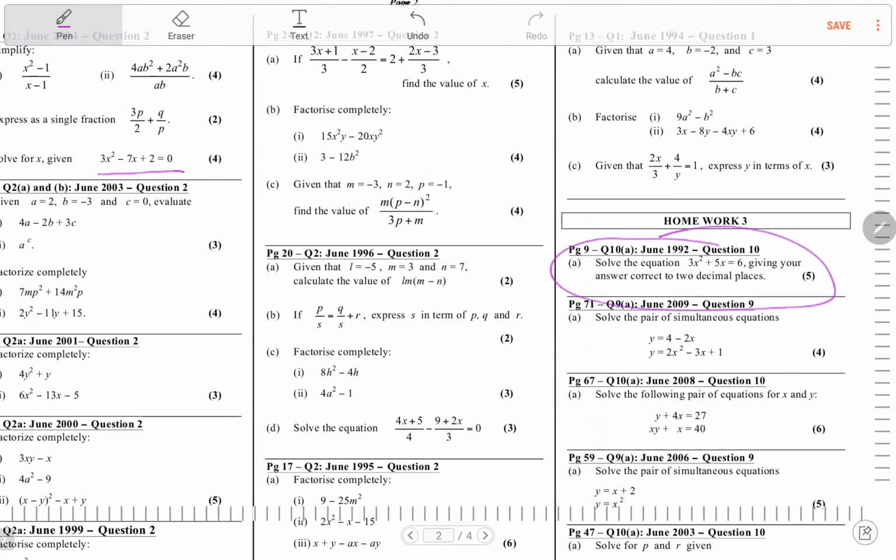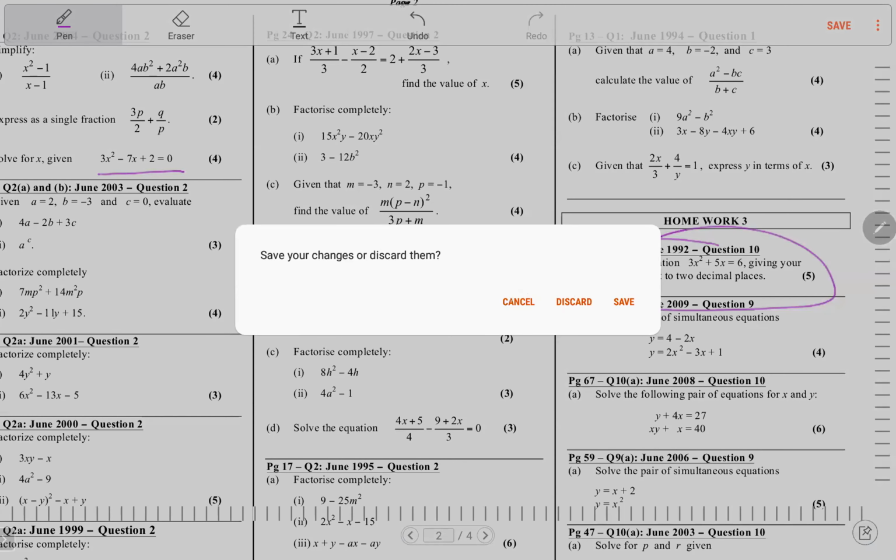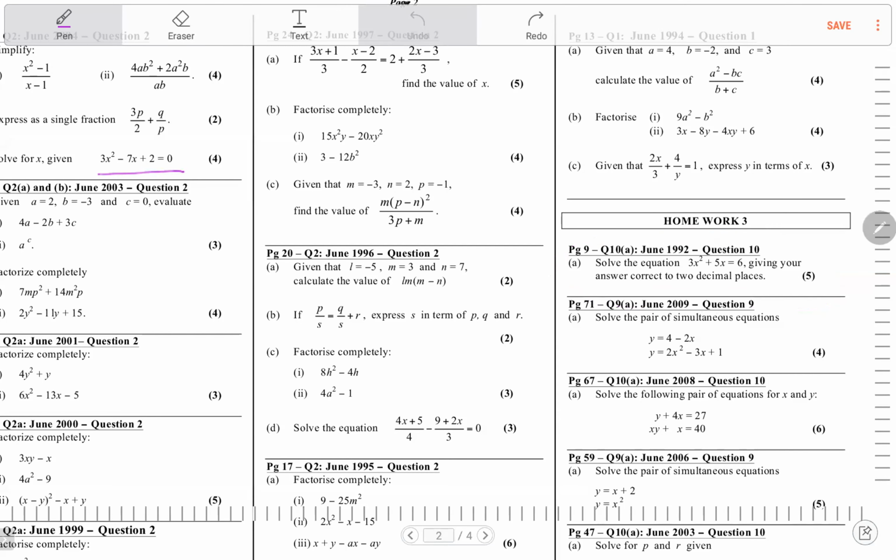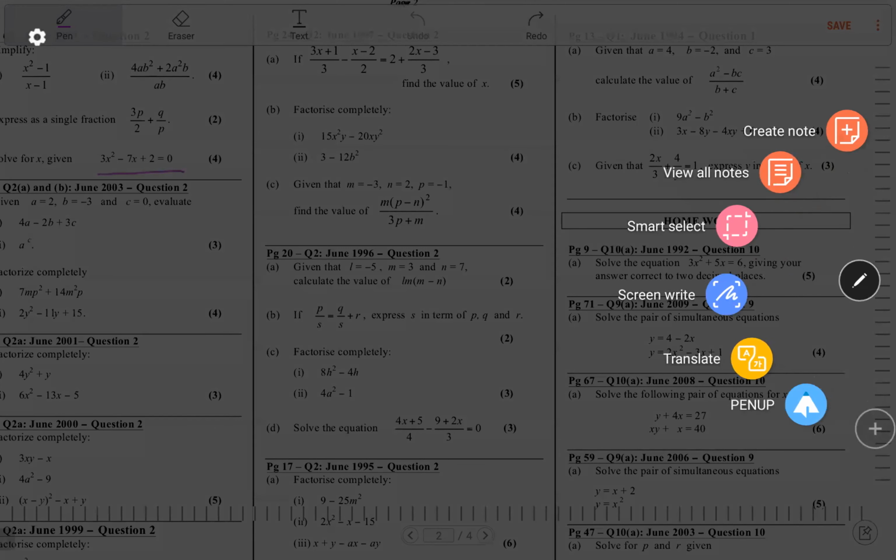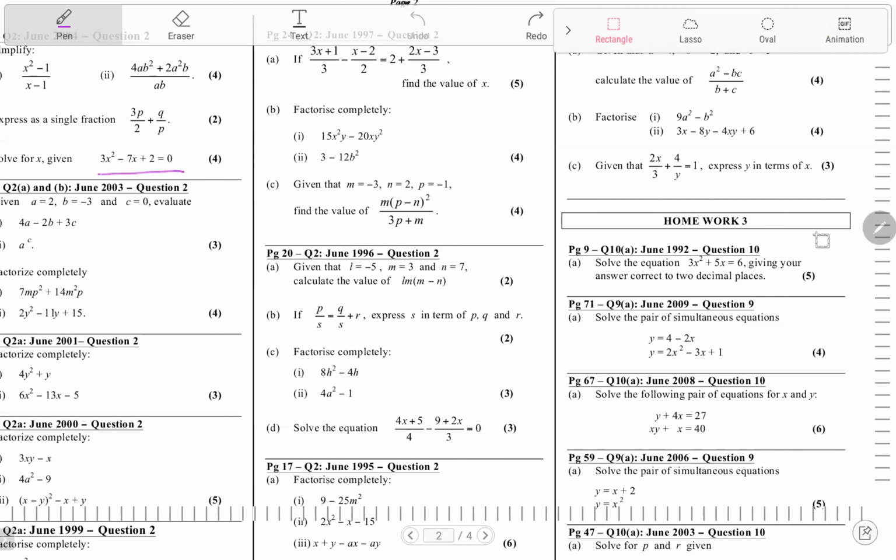So we can get a use of the quadratic formula. All right, so let us erase it. Not cancel, let's undo that. Make it, and put up here. All right, let's do this question.